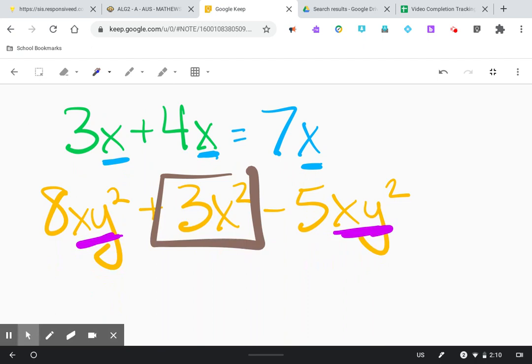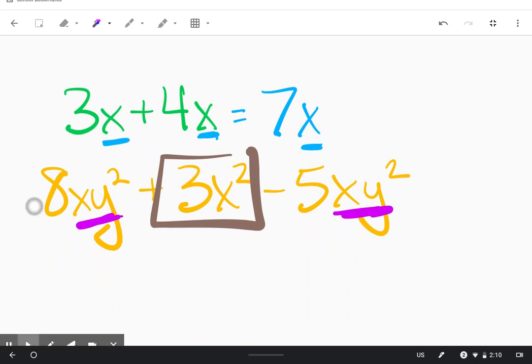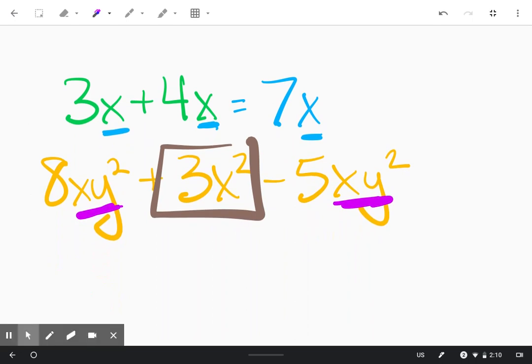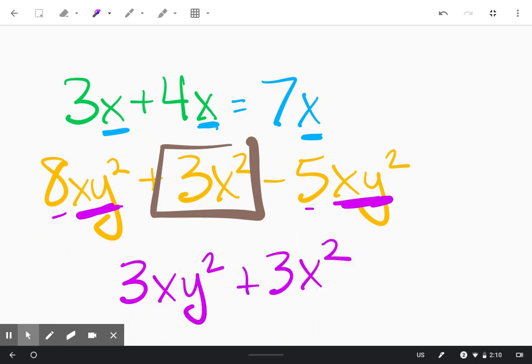So I would do nothing with that 3x squared, and I would end up with 8xy squared minus 5xy squared. So 8 minus 5 gives me 3xy squared plus 3x squared. That 3x squared just comes down and nothing happens with it. This is the basic idea behind combining like terms.